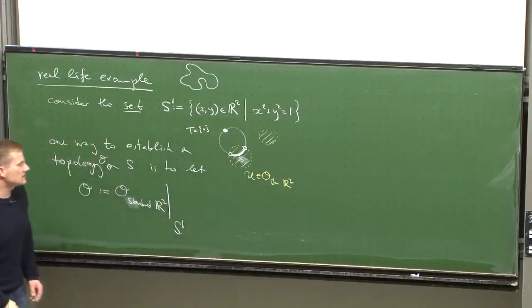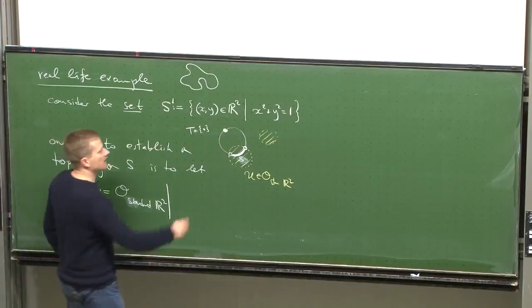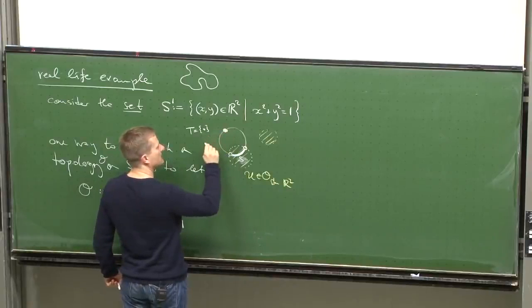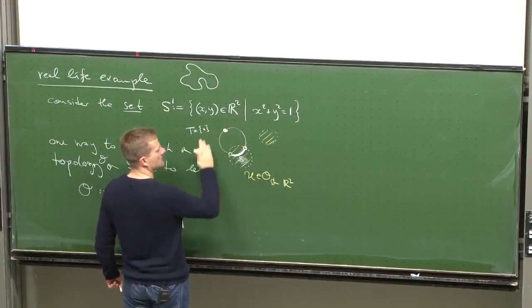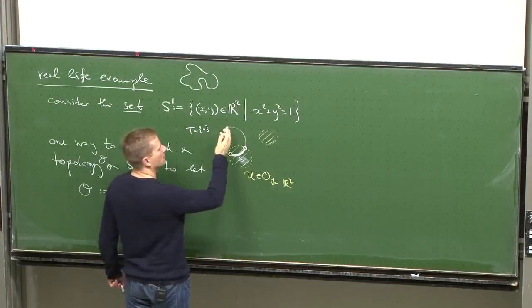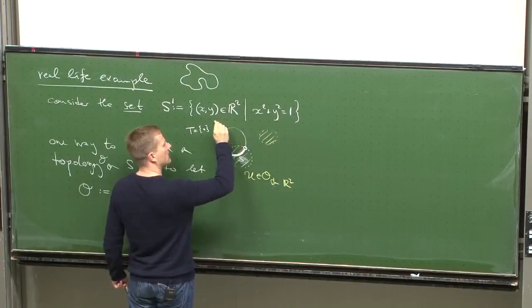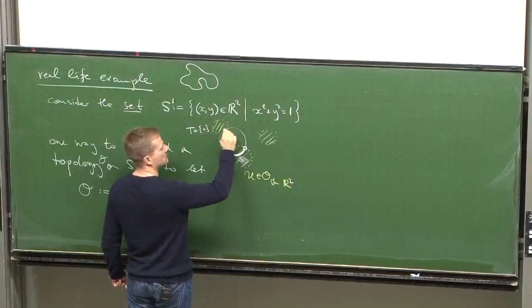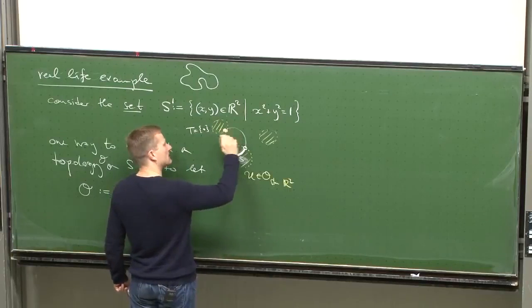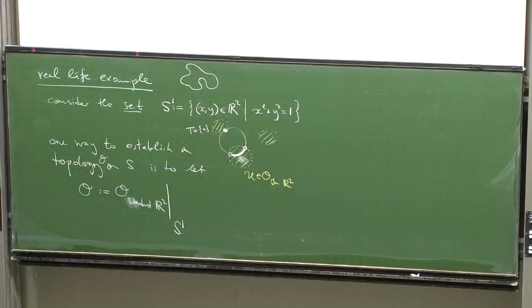Is this open in the topology I established on the circle? No, it is not, because I cannot generate this point by any intersection of an open set in the standard topology and the circle. If I'm outside, that is not generated. If I just touch the circle, because the boundary of this subset is not there, it's not generated. And if I already cover it, then I cover more than one point. Very simple. So that's one way.